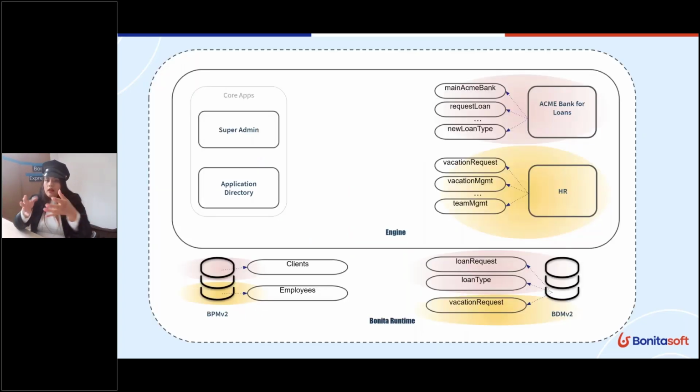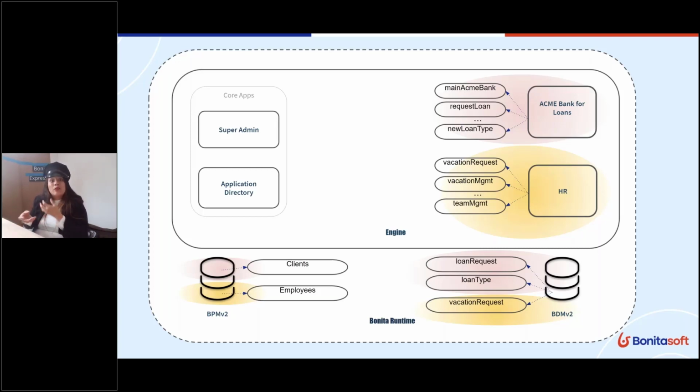So what I'm saying here is Acme Bank for loans. We are having some UIs, for example, for the main Acme Bank, so the homepage of the bank, and then a page for requesting a loan, another page for adding a new type of loan, and it uses business data objects, such as a loan request, which makes sense if we are asking for a loan.